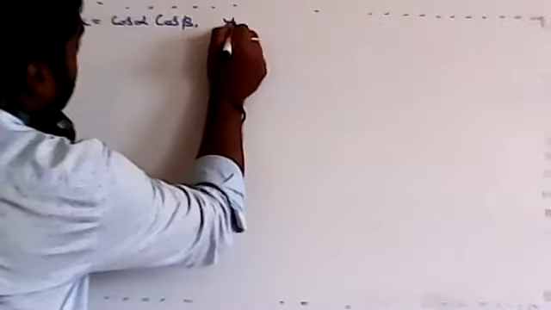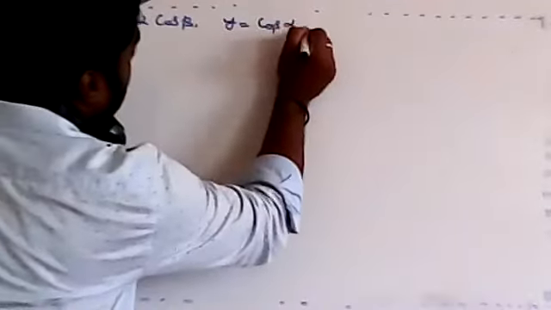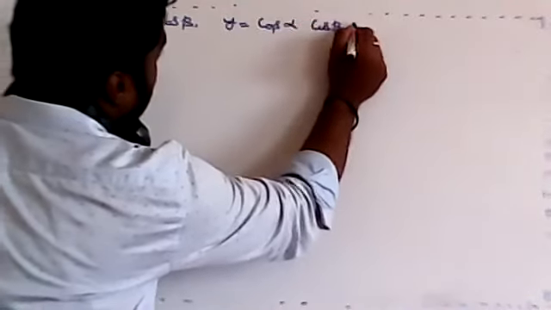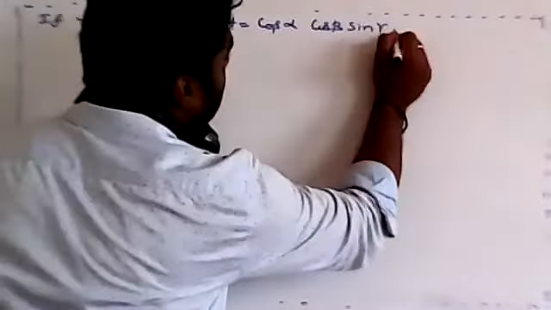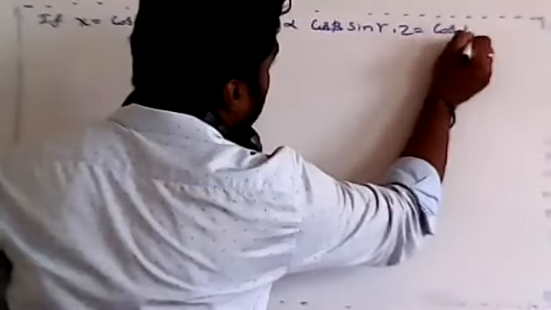If x is equal to cos of alpha into cos of beta, y is equal to cos of alpha into cos of beta into sine of gamma. And same way, z is equal to cos of alpha and sine of beta.